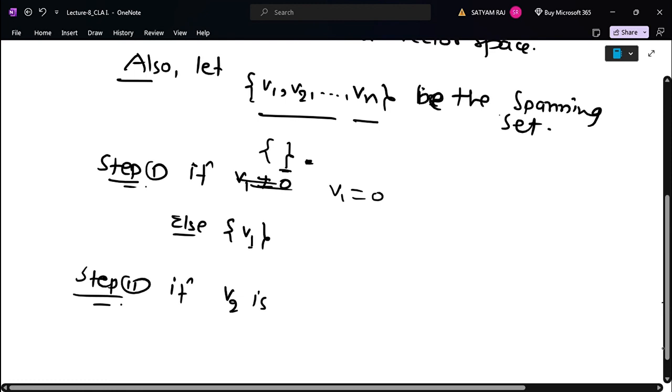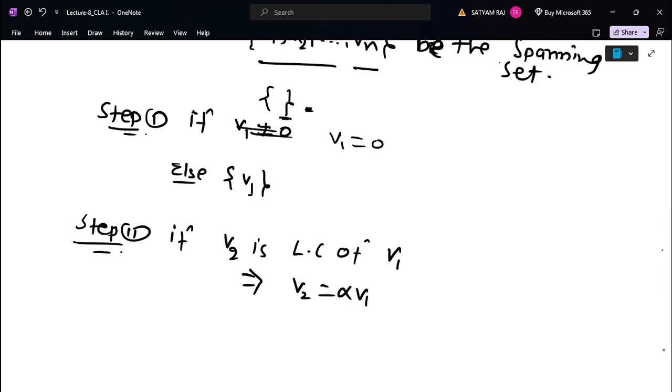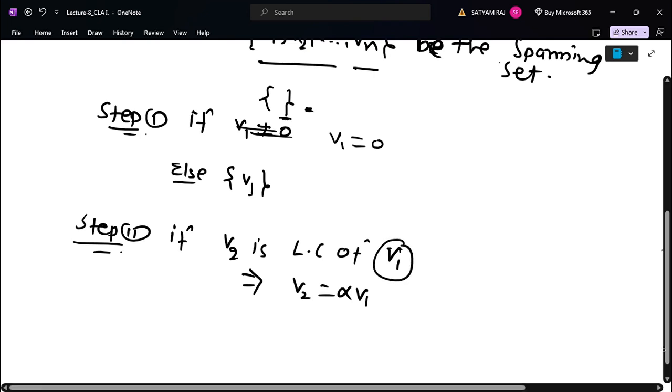Step second: if v2 is a linear combination of v1, what does it mean? Well, if v2 is alpha times v1, since we have only one vector, the linear combination of v1 is alpha times v1. If this is equal, we do not take it in our set.